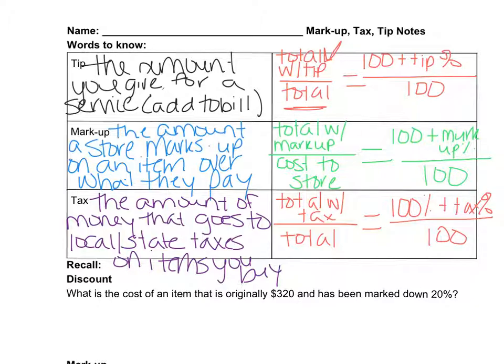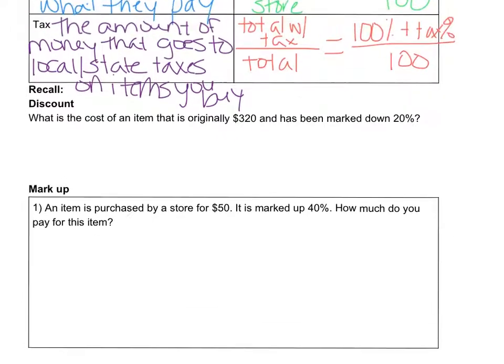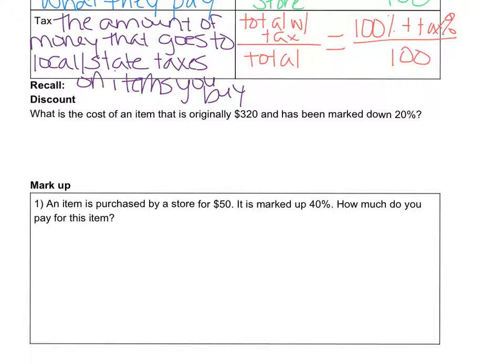The first thing that we should do here, though, I want to just recall what we learned before about discount. So when we did discount, we did some number over 100, whatever amount we were paying. So let's set up the proportion. So it's originally $320, and it's been marked down 20%.